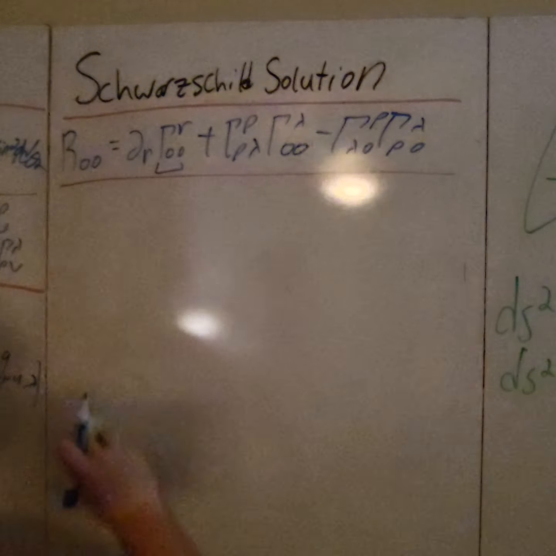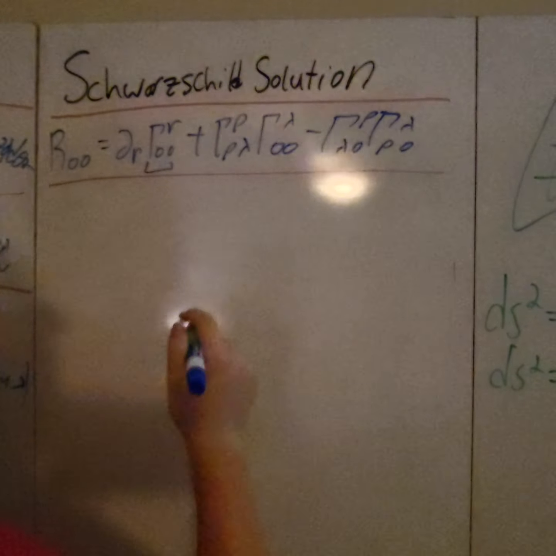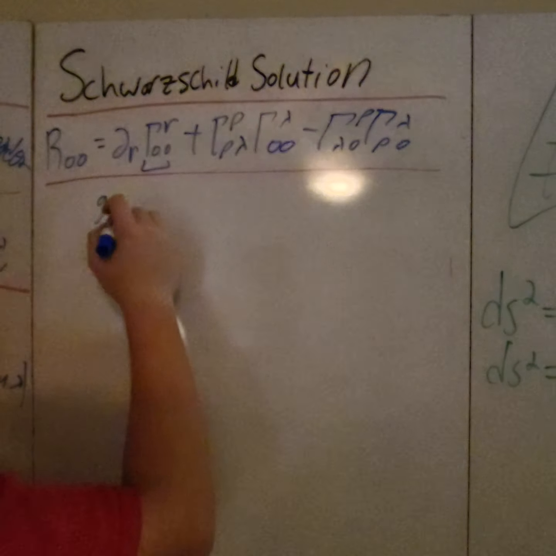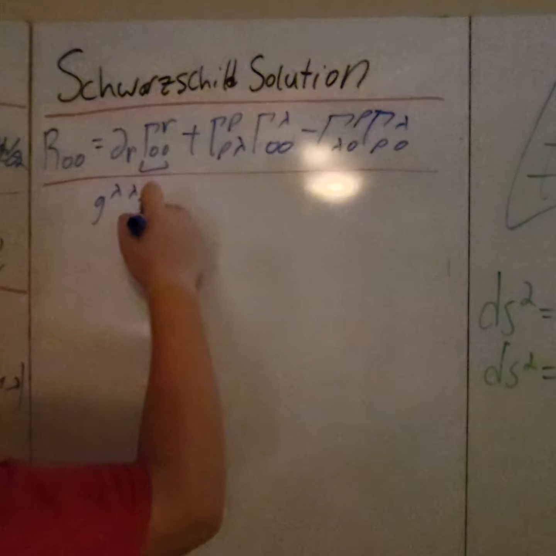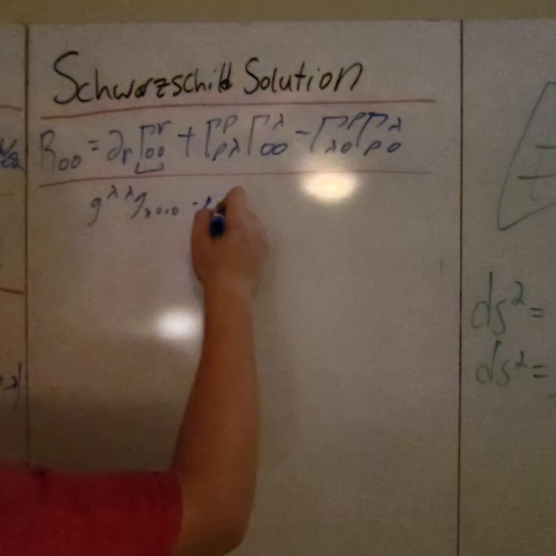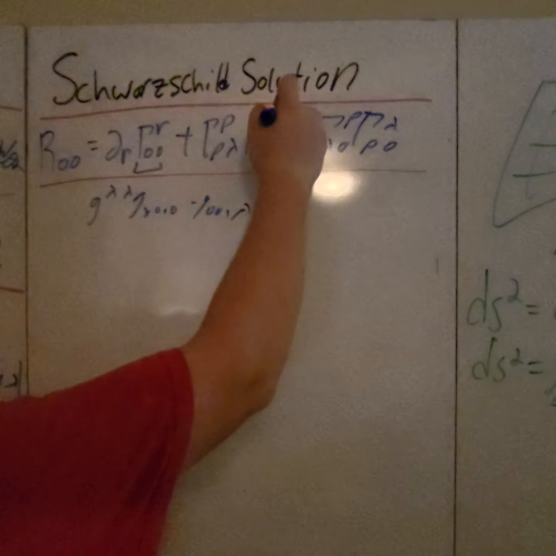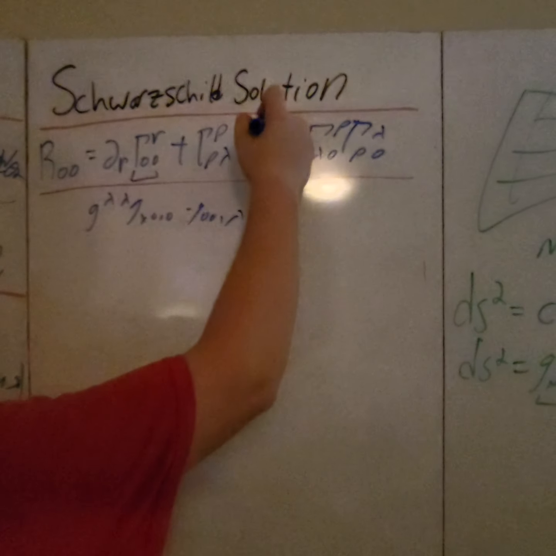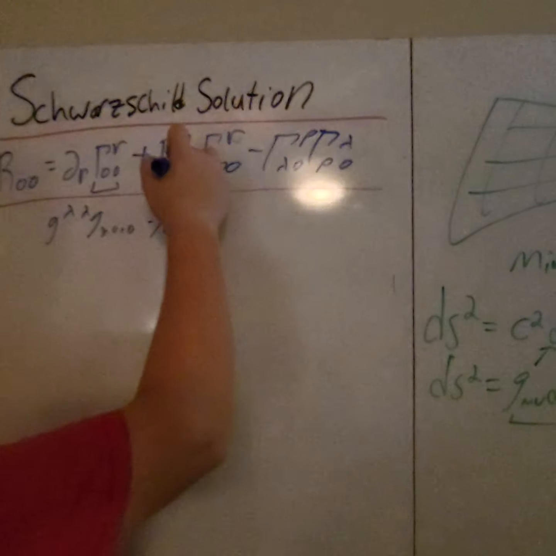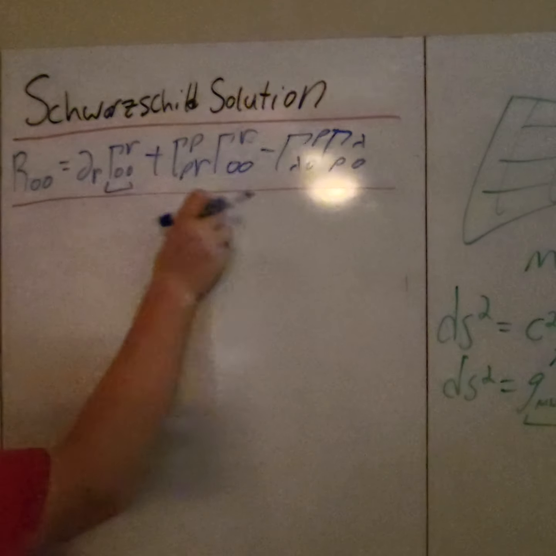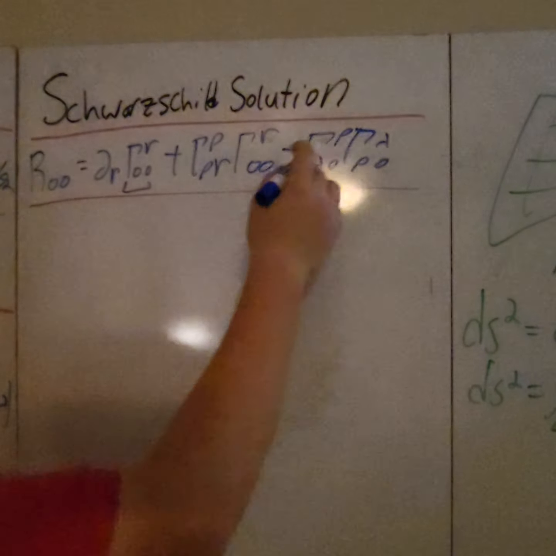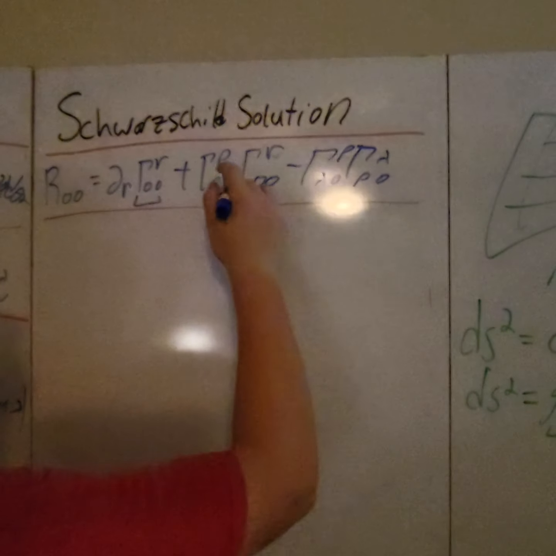Similarly with that one, you only need to sum over lambda equals r. Ooh, that was ugly. I'll focus on that in just a second.